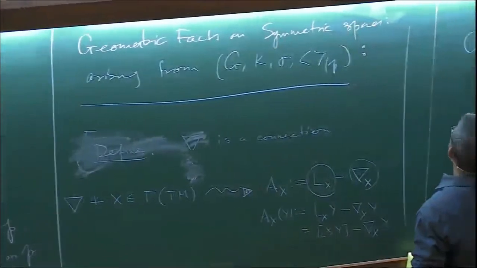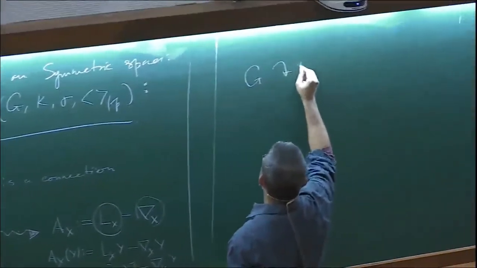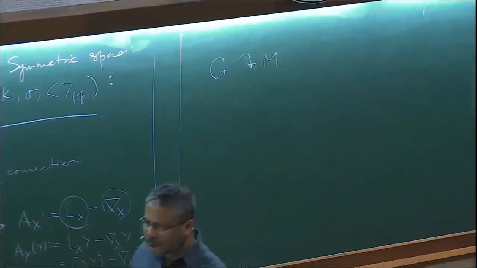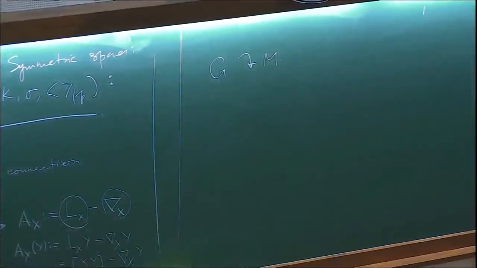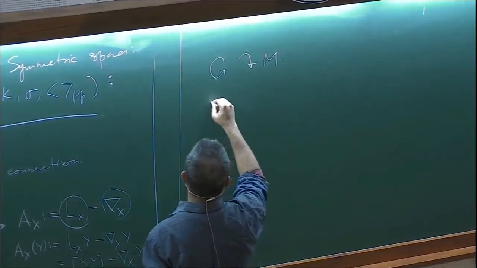When G is acting on a manifold M, G gives rise to nice vector fields on M. How?